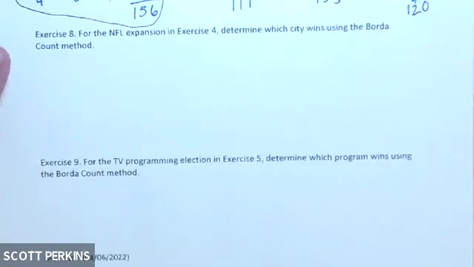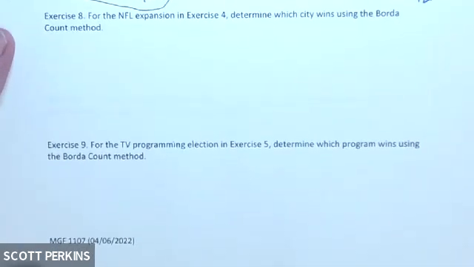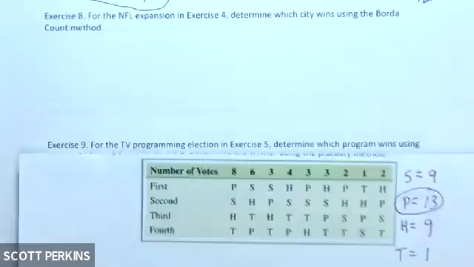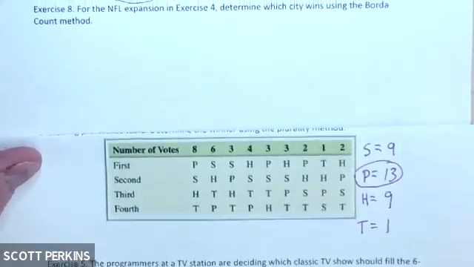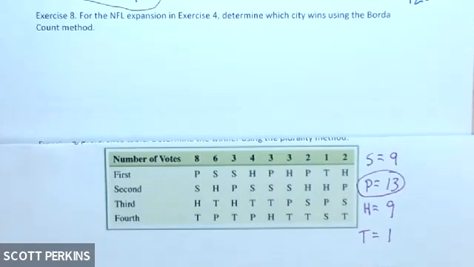Exercise 8 says, okay, now look at the NFL expansion problem and do the same thing. Again, if you're watching on video, I'm going to pause the video, so you should pause as well.